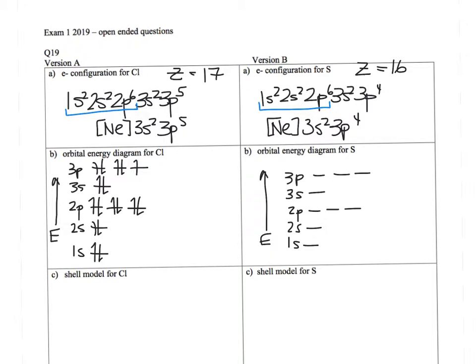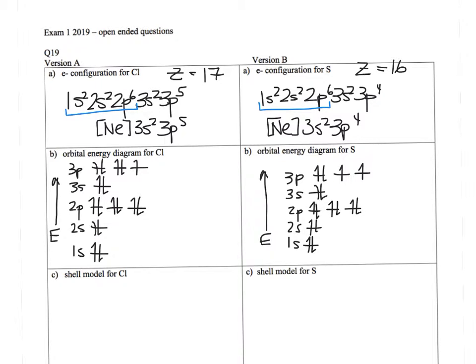Here's its basic energy diagram, the energy levels. If we put 2 electrons in 1s, 2 in 2s, 6 in the 2p, 2 in the 3s, and in this case we're going to do 1, 2, 3, 4 electrons in the 3p subshell of sulfur.